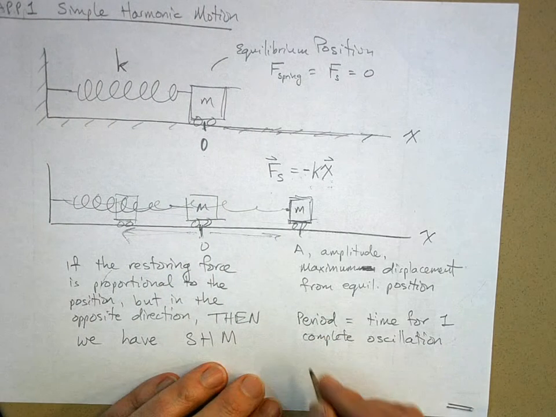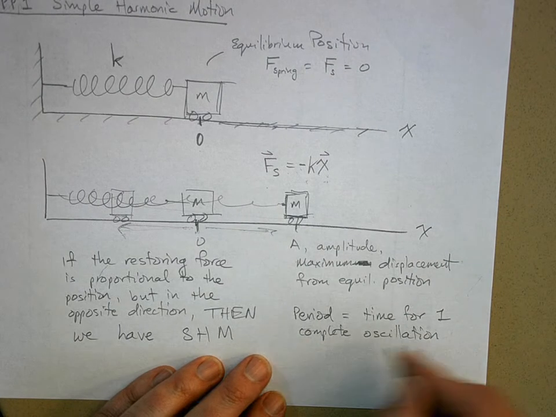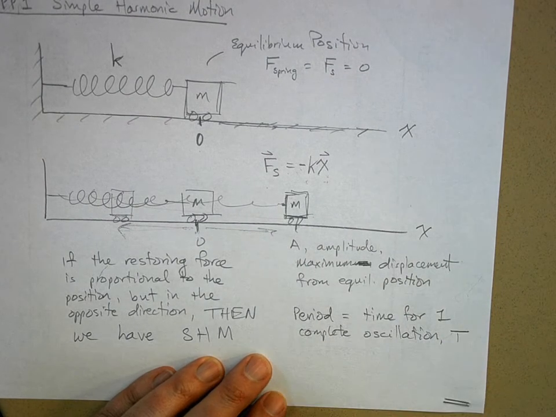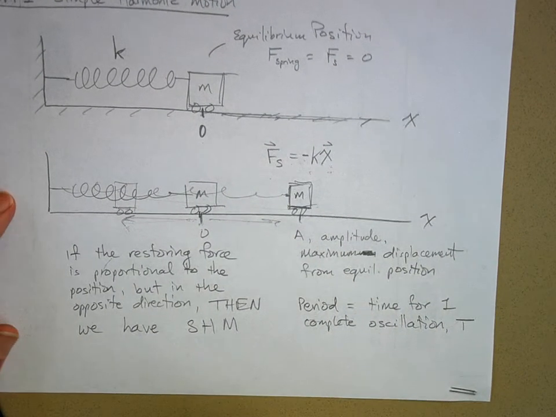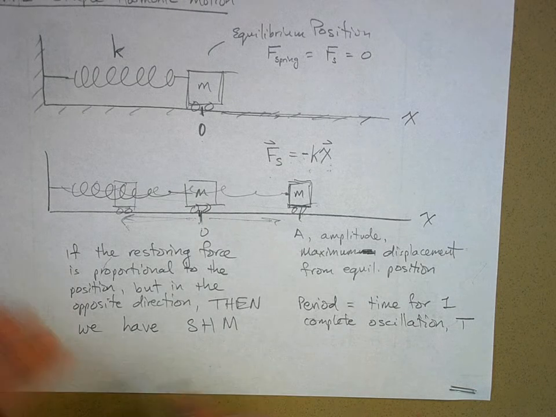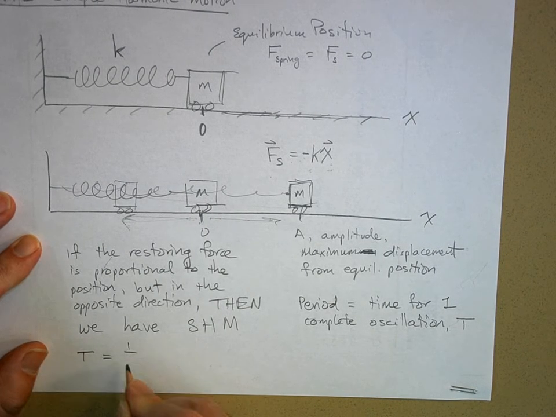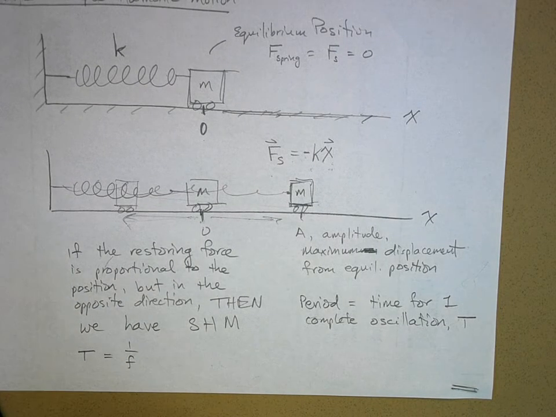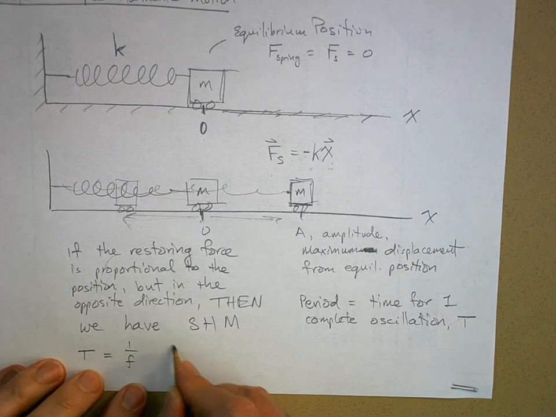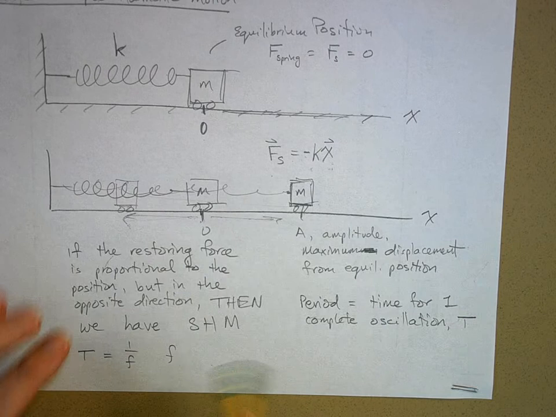Well, we use the letter T. So T, and we've used T before. T is the period. Well, if I reciprocate it, I call that the frequency.